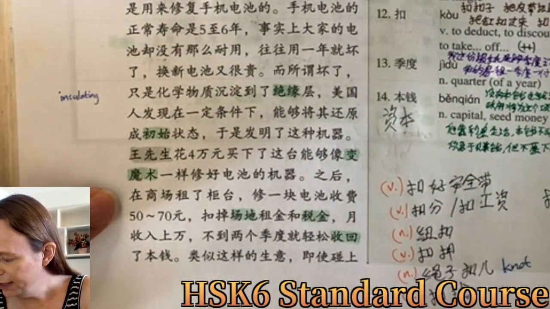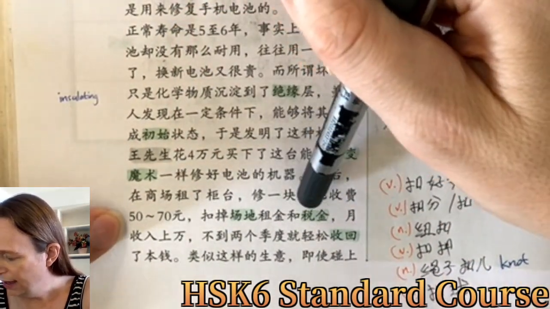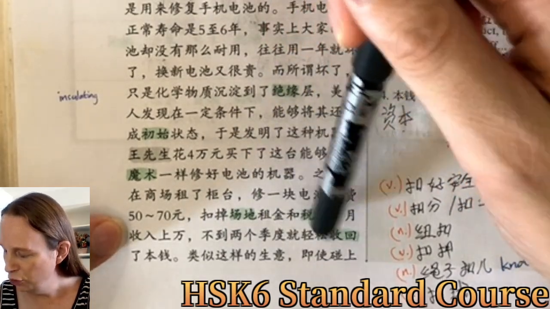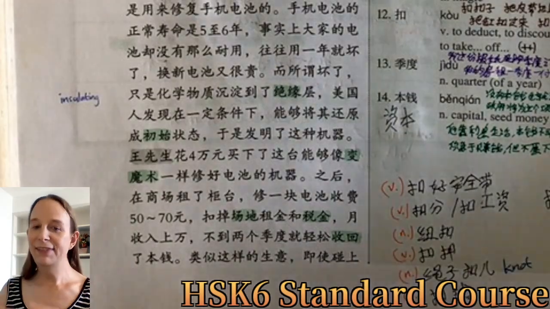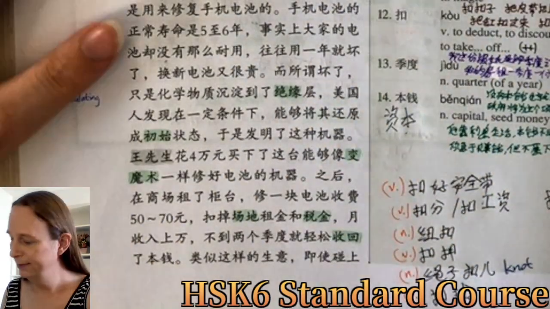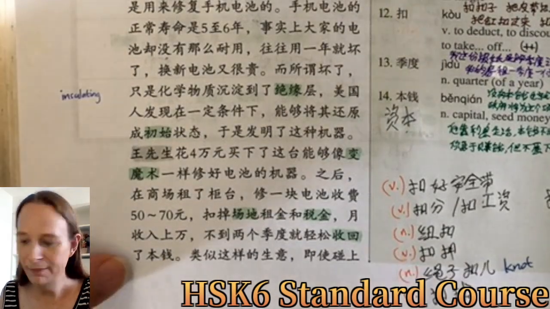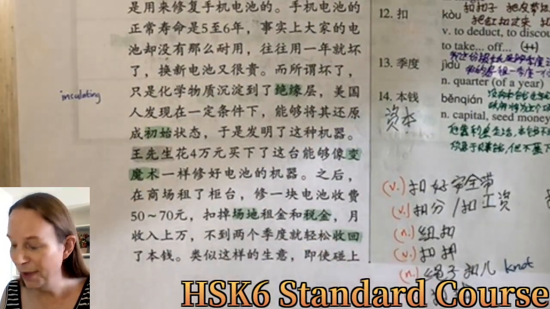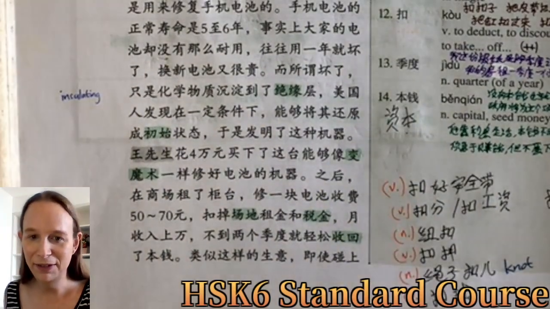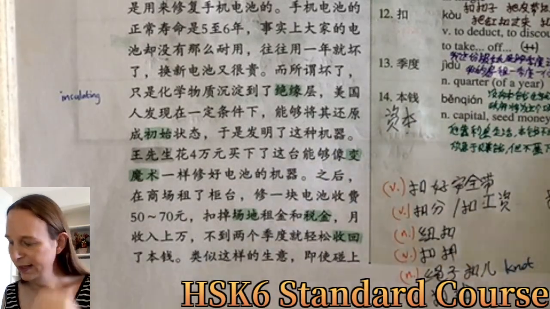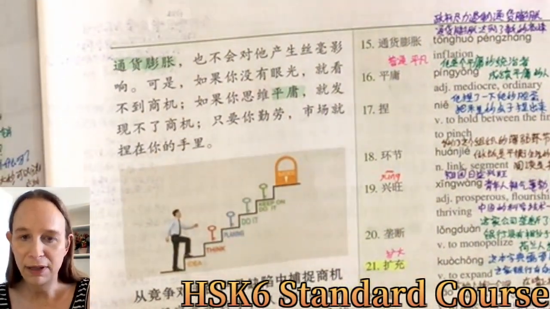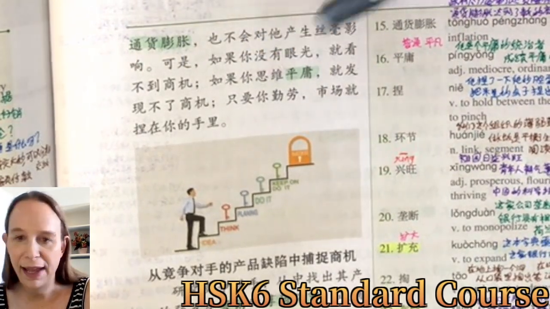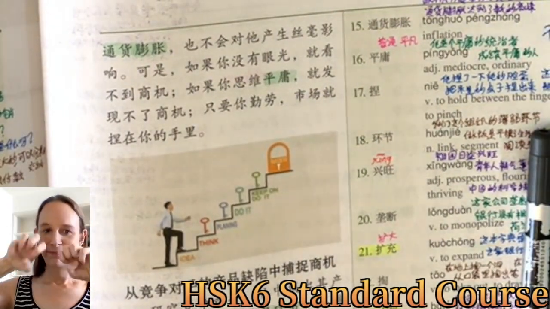之后，在商场租了柜台，修一块电池，收费50至70元，扣掉场地租金和税金。So this is after deducting the rent and the tax. 月收入上万 Okay, that's pretty decent. 不到2个季度就轻松收回了本钱。Yeah, so a few months later, 2 months later, already got back the investment or the original sum of money. 类似这类的生意，即使碰上通货膨胀，也不会对它产生丝毫影响。可是，如果你没有眼光，眼光 literally means kind of like vision.